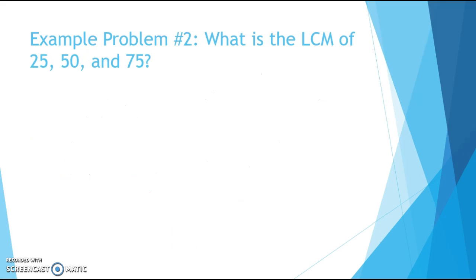Now let's do example problem number 2. What is the LCM of 25, 50, and 75? Now we are going to put the 3 numbers on the top of the page. Next, we are going to be doing the factorization tree for these 3 numbers.